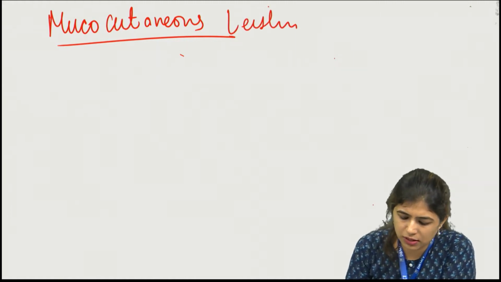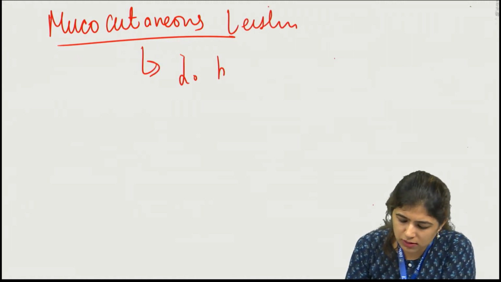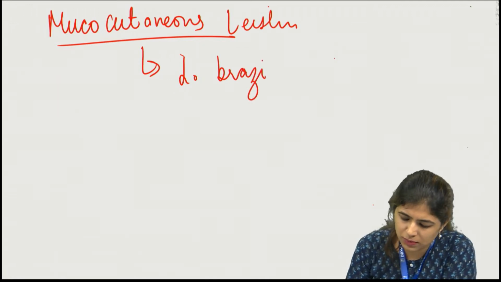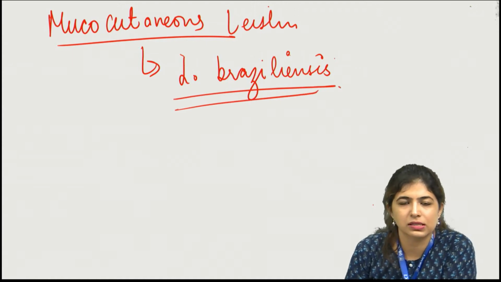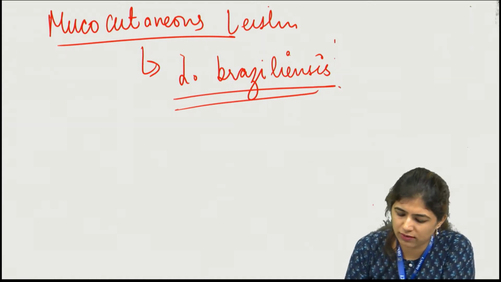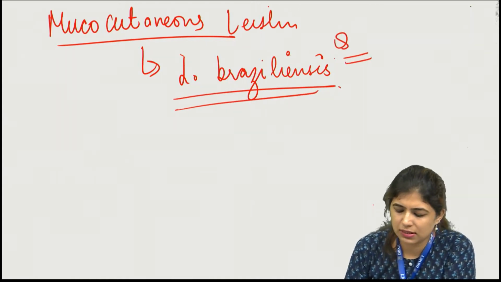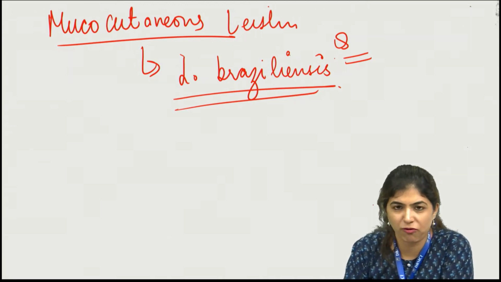What is asked here is the cause. The most important cause for this is Leishmania brasiliensis. Okay, this is what you have to remember here. Treatment is the same as we discussed before.